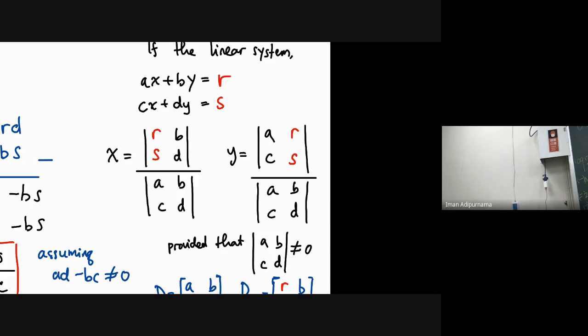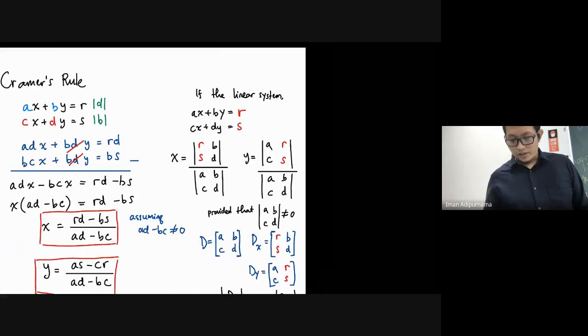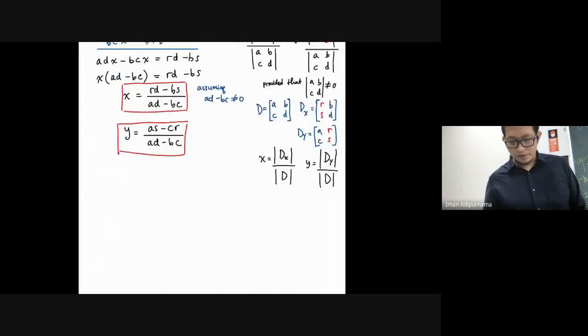And also, if you are applying it with higher degree, like 4, 5, it's also applicable. Okay, that's the basic of Cramer's rule.